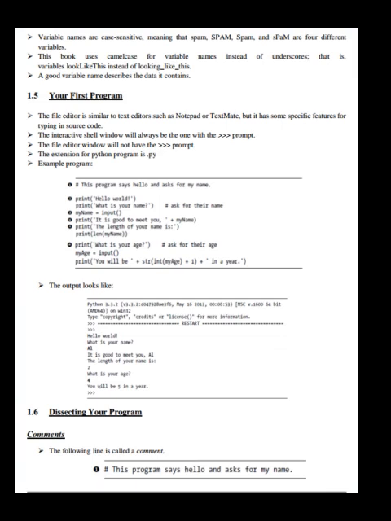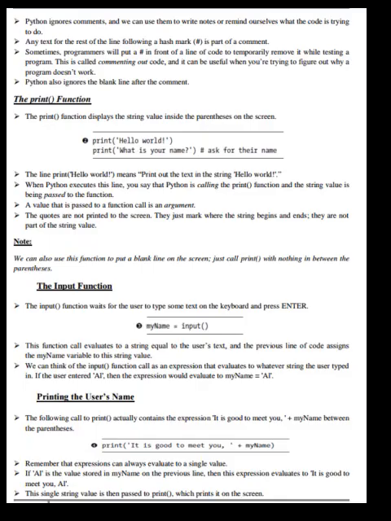Now let us see dissecting your program. Comments. The following line is called a comment. Python ignores comments and we can use them to write notes or remind ourselves what the code is trying to do. Any text for the rest of the line following a hash mark is part of a comment.